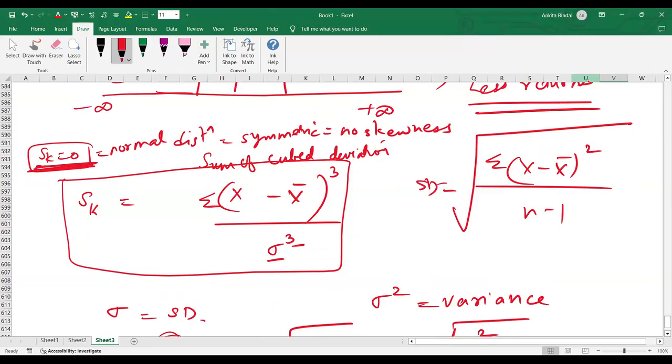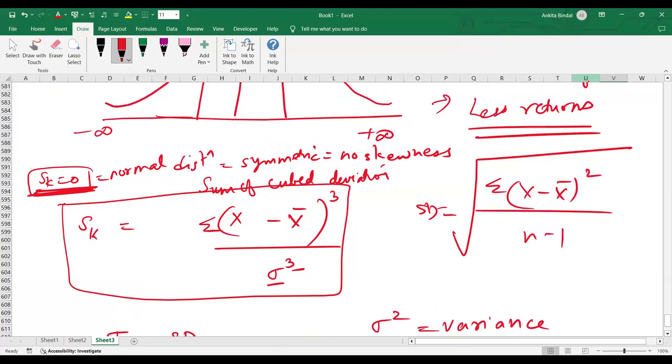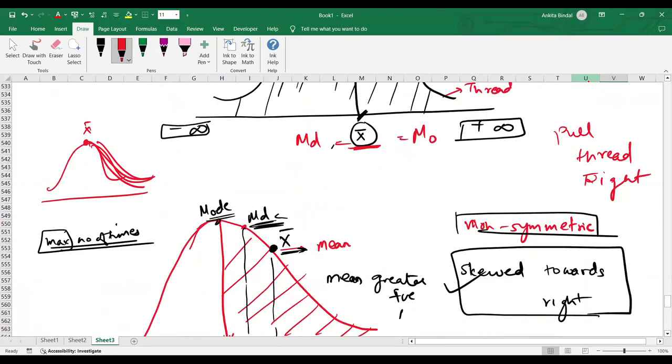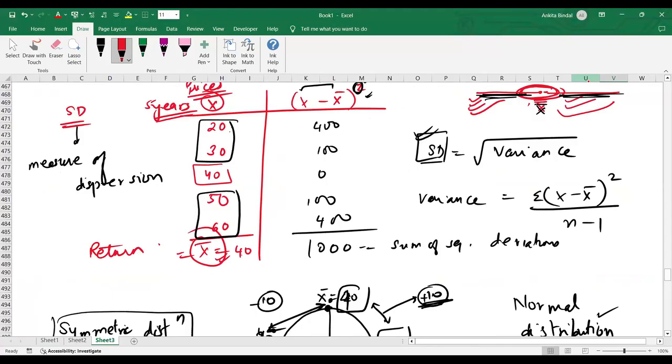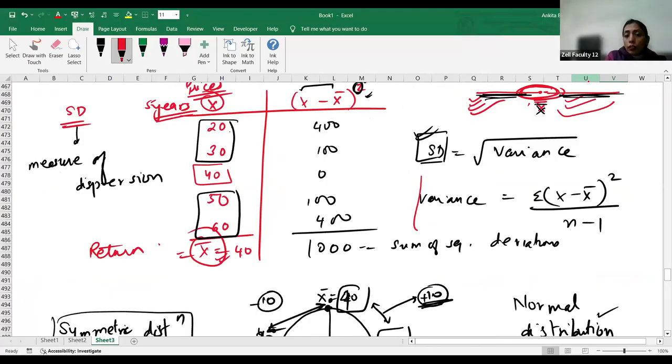Ma'am, can you derive the formula of the variance one? Sorry? The variance. The formula which you use as a variance, the skewed one, the latest one. This is the variance formula. There is no variance for skewness.